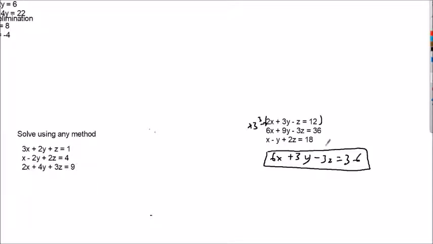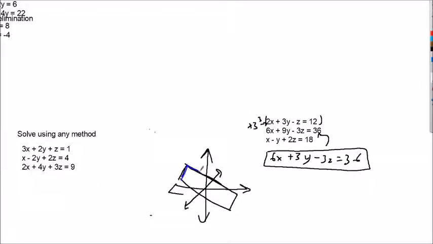Since this and this are the same thing, there's going to be a plane intersecting it. Okay, so I'm just gonna draw a makeshift 3D graph. I'm not a good 3D graph drawer. There you go, right? If there's a plane, okay, let's say this is the plane, and then there's another plane, it's the same exact plane that's going over this plane.